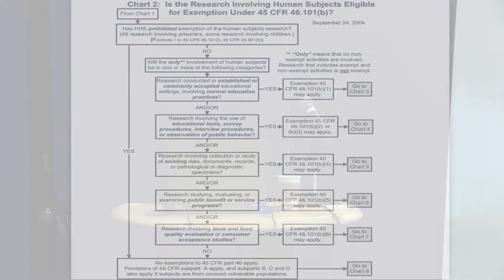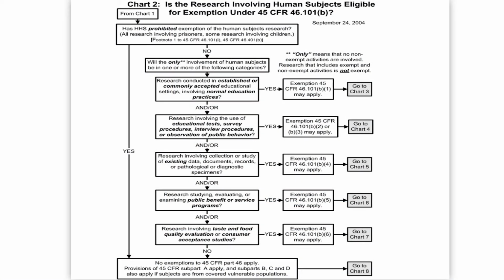This will be easier probably when you can see this close up. This basically goes through the steps you can ask yourself with determining human subjects and if it's research.